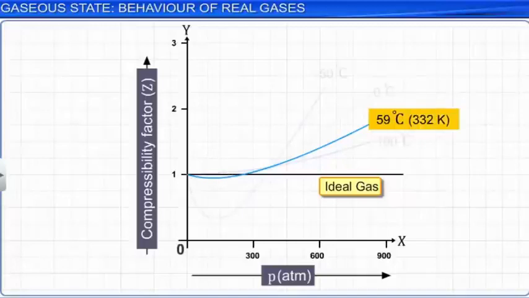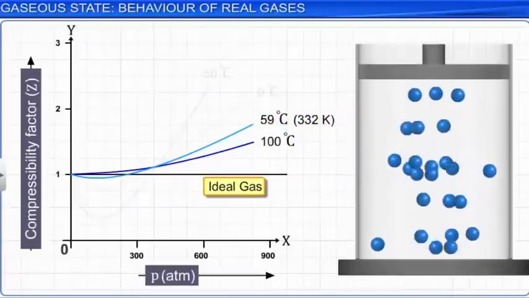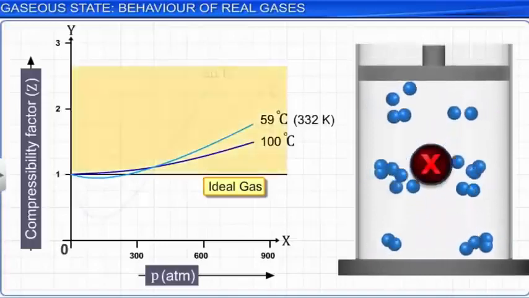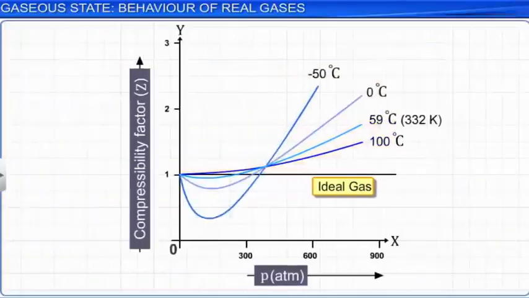Above Boyle temperature, real gases are difficult to compress and the Z value is greater than 1. Below Boyle temperature, real gases first show decrease in the value of Z, then reach a minimum, and with the increase of pressure, Z value increases continuously. Thus, at low pressure and high temperature, gases show ideal behavior.